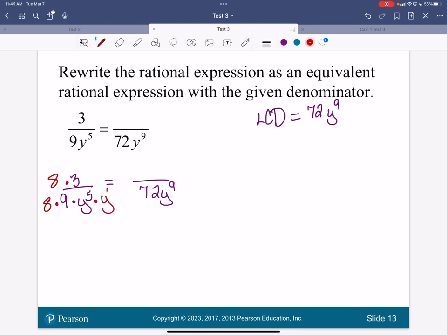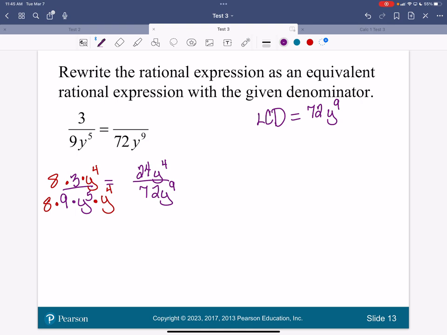Good, y to the 4th. And if I multiply the bottom times y to the 4th, what do I multiply the top by? Excellent. So 8 times 3 times y to the 4th is going to be my new numerator. So that is finding equivalent fractions. And we have to find equivalent fractions before we can add or subtract the numerators. So that's what we're going to focus on.